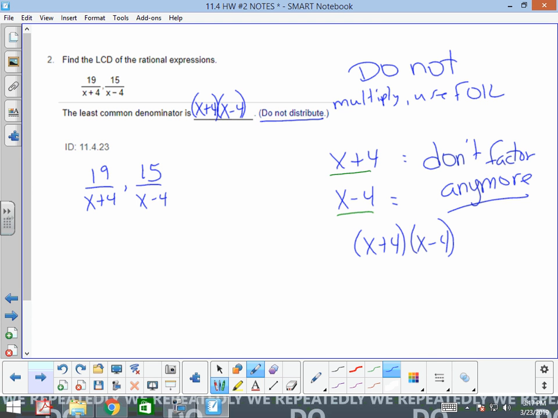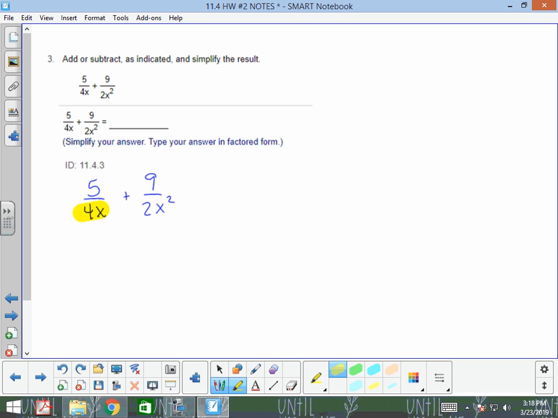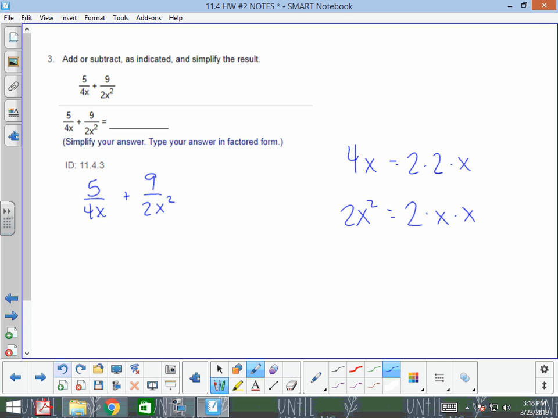Okay, so now let's look at actually adding rational expressions with unlike denominators. All right, so we have our denominators, 4x and 2x squared. And again, this is a method that you can use if you don't know what the LCD is. If you know, you don't have to go through this process. All right, so 4 is 2 times 2, and then we have times x. 2x squared is 2 times x times x.